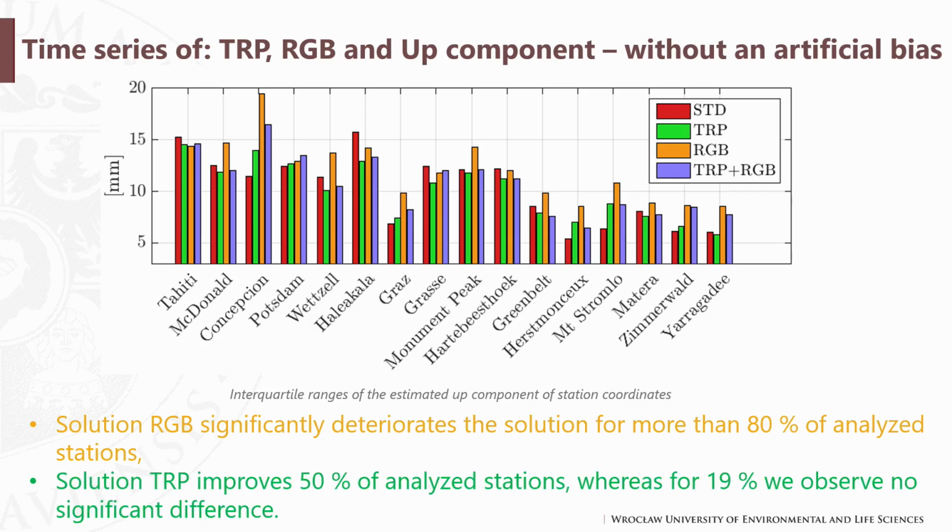And the solution with the estimation of the troposphere corrections improves 50% of analyzed stations, whereas for 90% we observe no significant differences. For some stations like Yarragadee we have an improvement, the same for Matera. For some stations we have a slight degradation of the solutions.